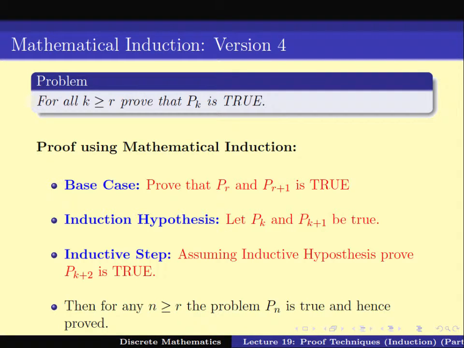Now there can be many other versions that you can think of. For every problem a different version may be required, and as long as you ensure that the basic concept that all the points are covered holds, you can apply it in the mathematical induction logic.